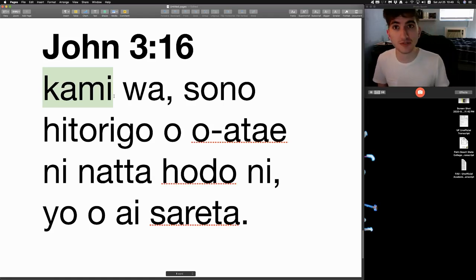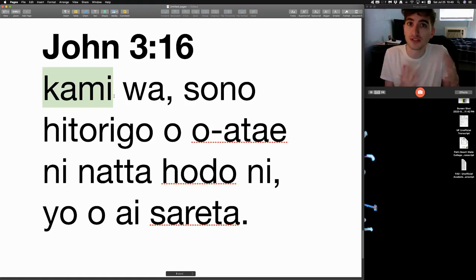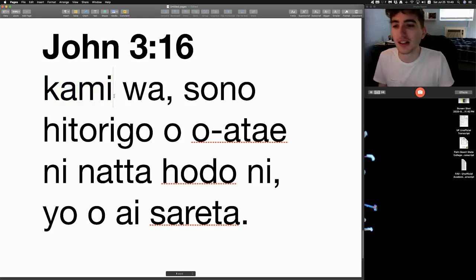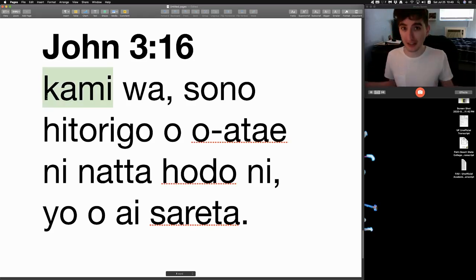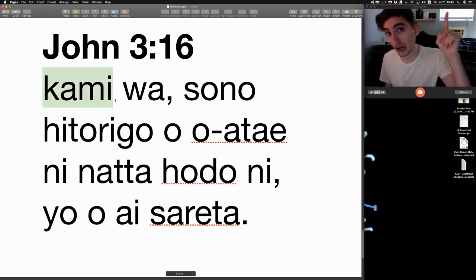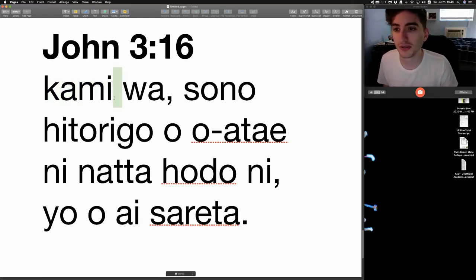In Japanese, if you were to talk to a non-Christian Japanese person, Kami could mean many different gods. In a Christian context, Kami always means just God, Jesus, the one God of Christianity.